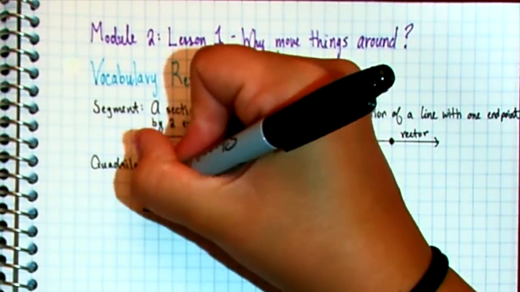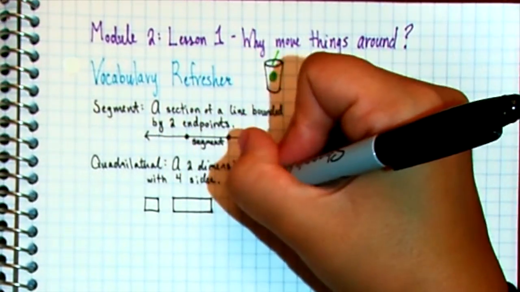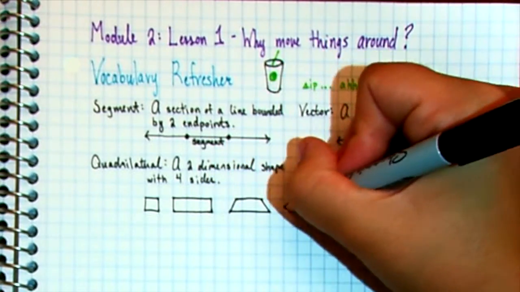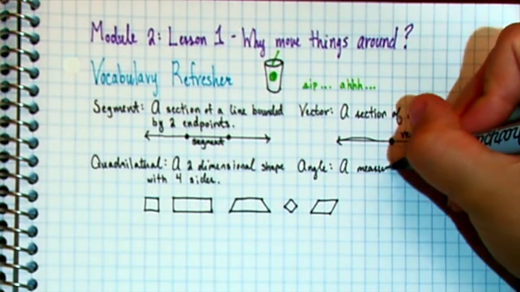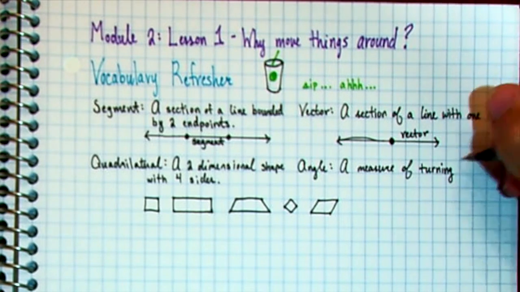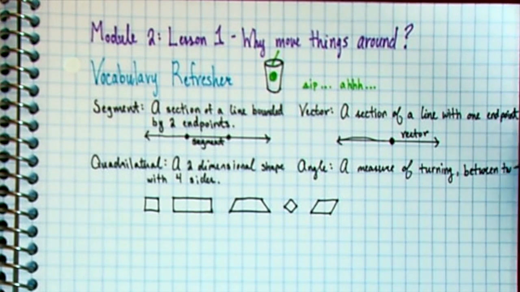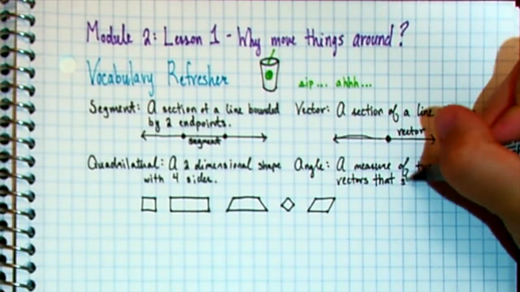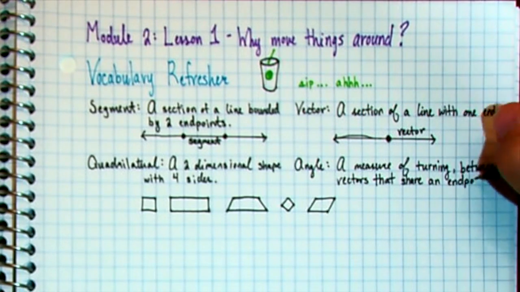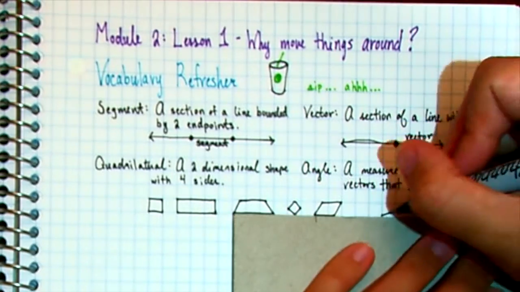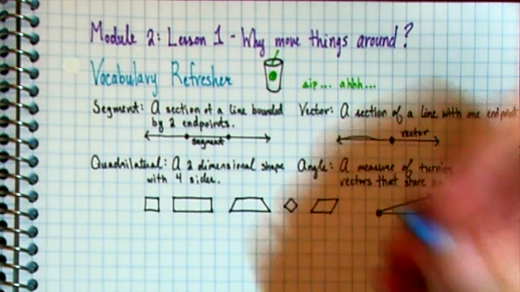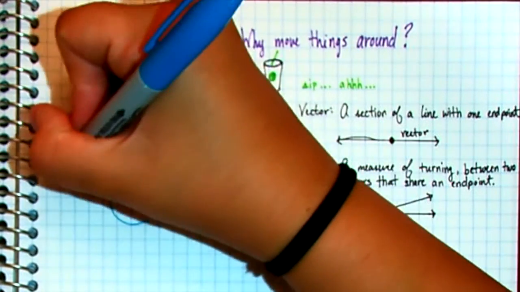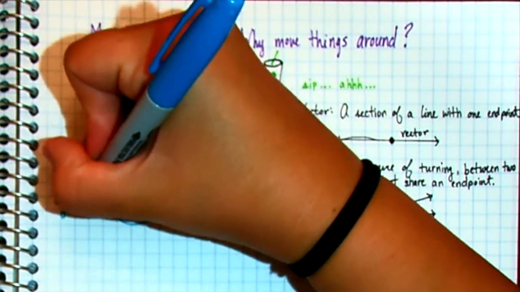So that can be a square, a rectangle, a trapezoid, a diamond, parallelogram, etc. And an angle is a measure of turning between 2 vectors, and they share an endpoint. So remember, a vector only has 1 endpoint, so if they share it, then they both have the same thing. So these are some of the geometric shapes, figures that we're going to use to move around.